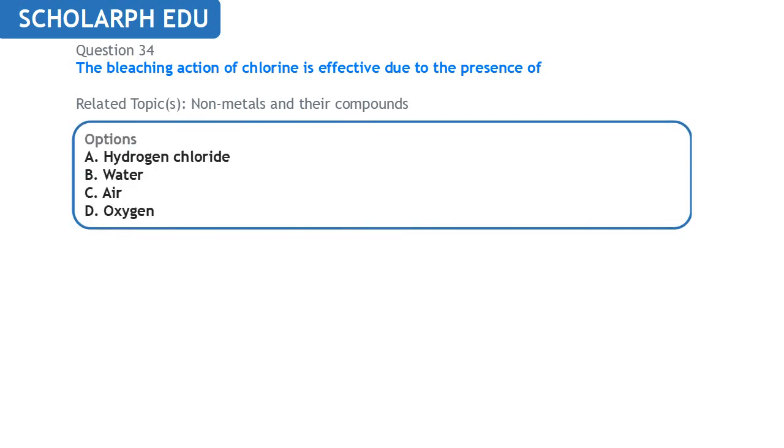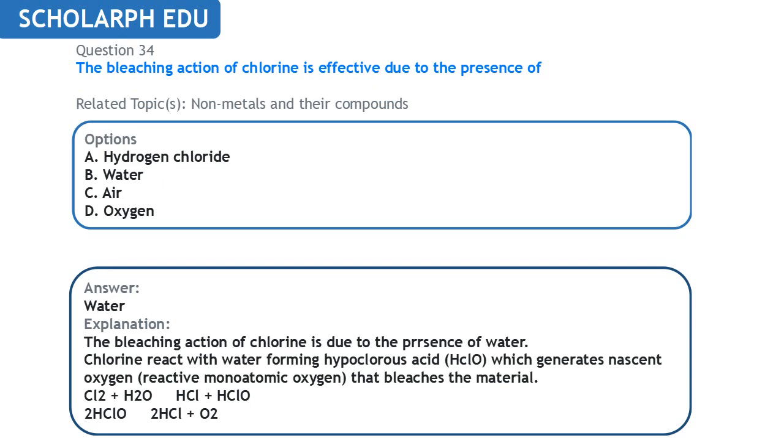The bleaching action of chlorine is effective due to the presence of water. The chlorine dissolves in the water to form hydrochloric acid and hypochlorous acid. This hypochlorous acid decomposes to generate nascent oxygen, which bleaches the material.